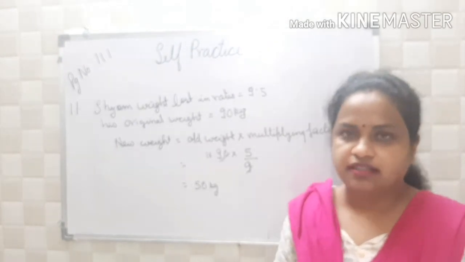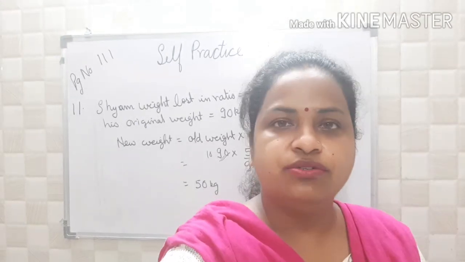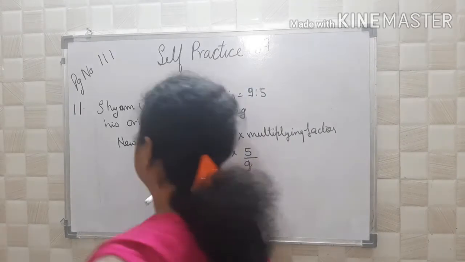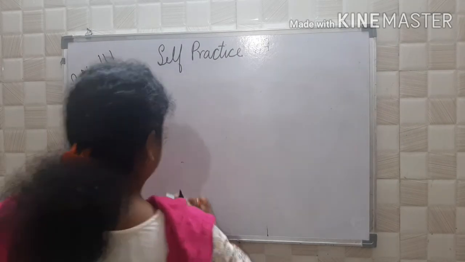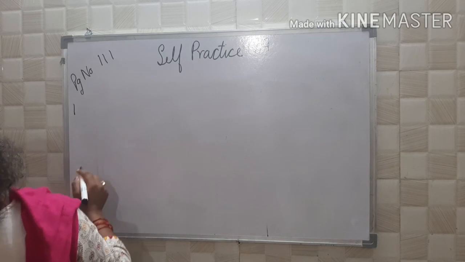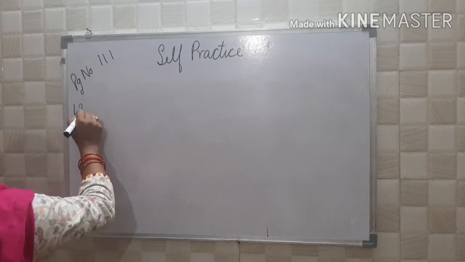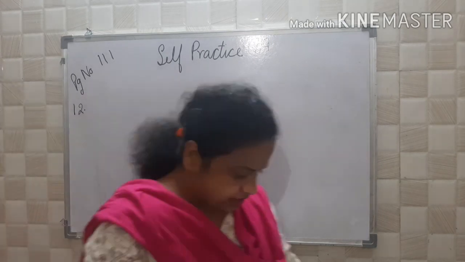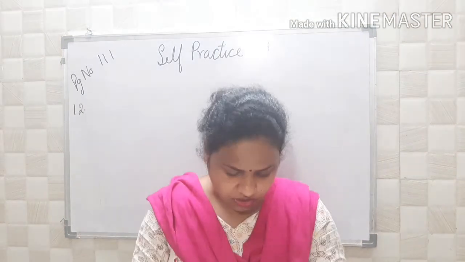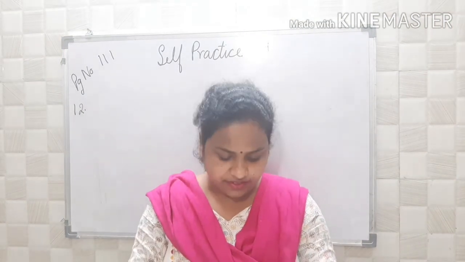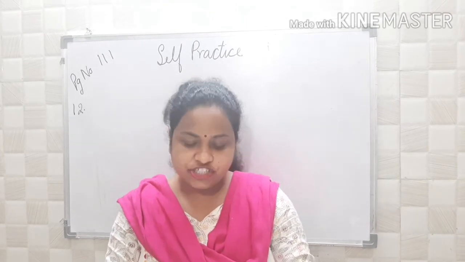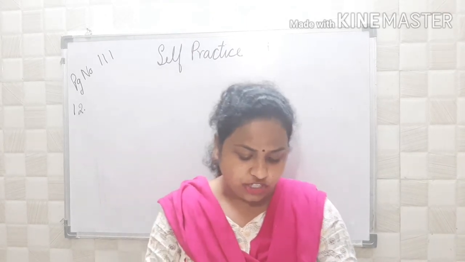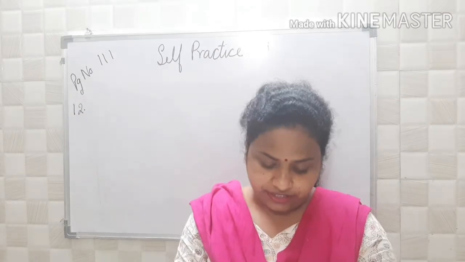Clear? Okay. Now come to question number 12. A, B and C contributed 25,000, 50,000 and 75,000 respectively in a business, and their shares of the profit are proportional to the capital they contributed.